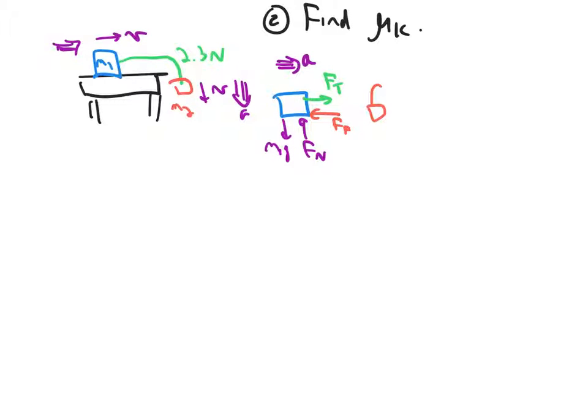And then part C says find the coefficient of friction mu, in this case mu sub k, because the block is actually sliding. We start off by remembering that mu sub k is going to be the frictional force over the normal force.